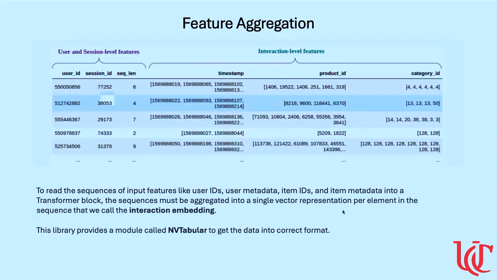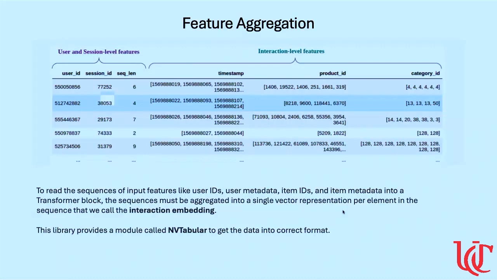So this is how you do the feature aggregation, and based on this you create something called the interaction embedding. The interaction embedding is nothing but a vector representation of all the items which have been interacted with. The sequence length is essentially how many products have been interacted with.